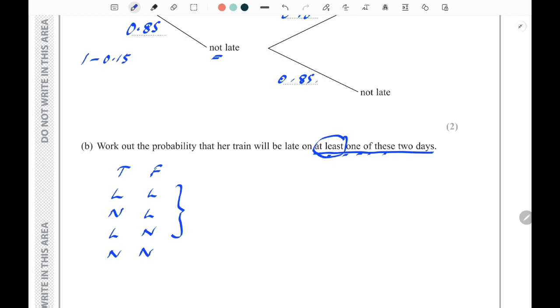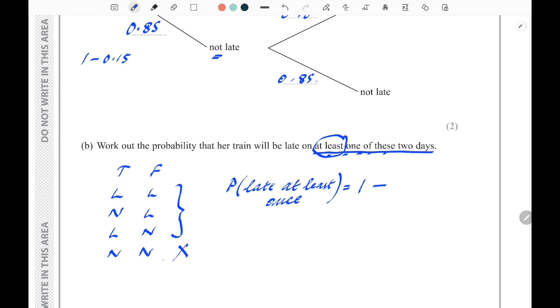Now, because there is only one combination that we don't want, it's actually easier to find the probability that it's late at least once, which is the same as 1 minus the probability of the one that we don't want.